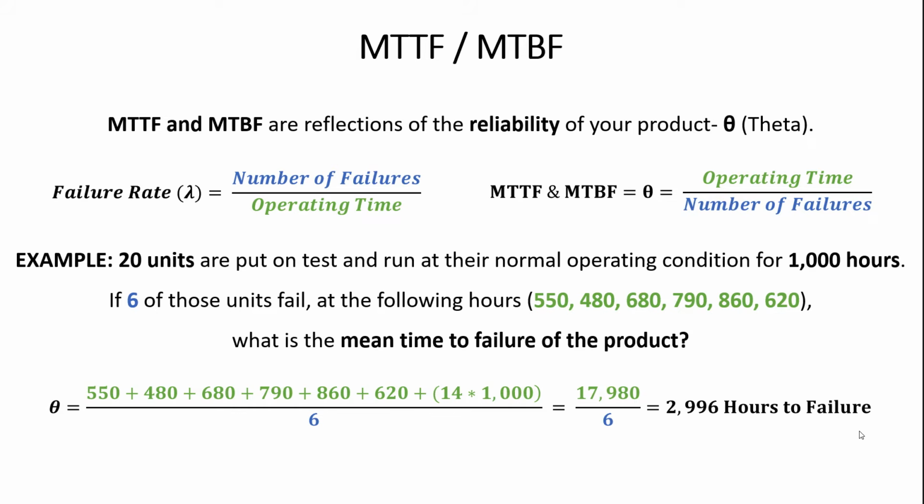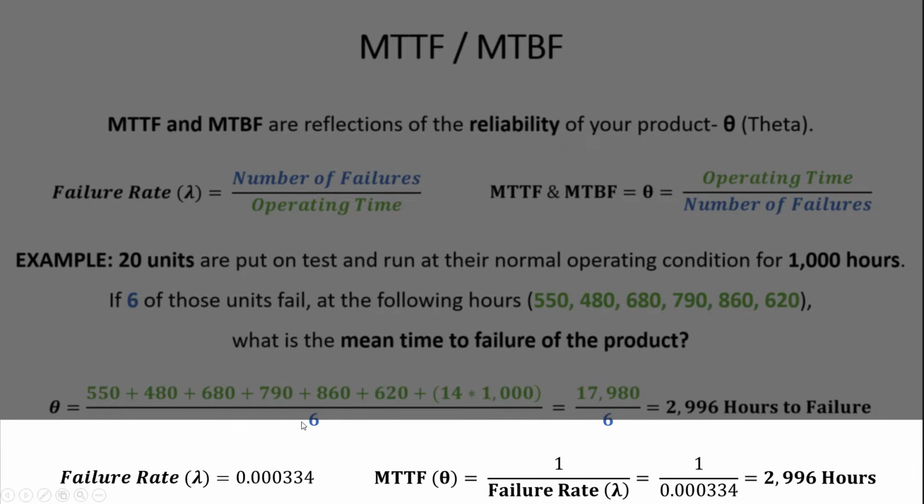So that's the beauty of mean time to failure and mean time between failure, is that those reliability indices really reflect the customer need for our product. The other way we could have calculated this is by simply taking the failure rate from the previous slide, taking the inverse of that failure rate, and we'd come out to the exact same number.